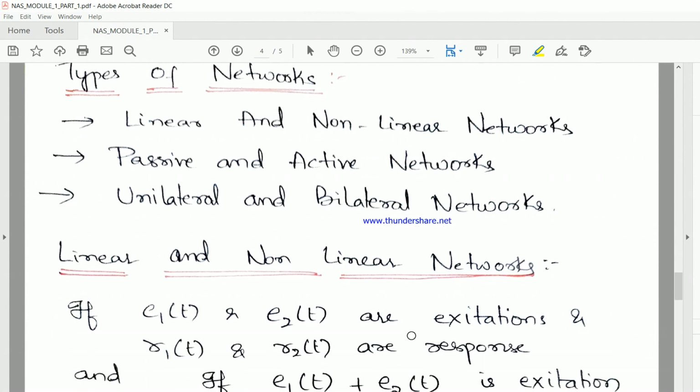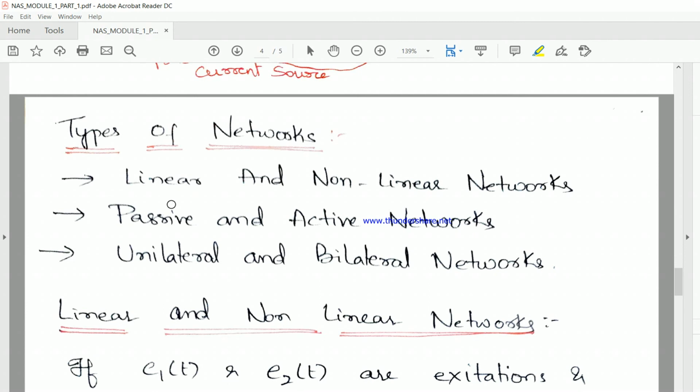Because linear networks or passive networks normally work with the passive elements resistor, inductor, and capacitor, whereas non-linear networks or active networks normally go with semiconductor devices. So semiconductor devices we are not going to cover in electrical network theory.